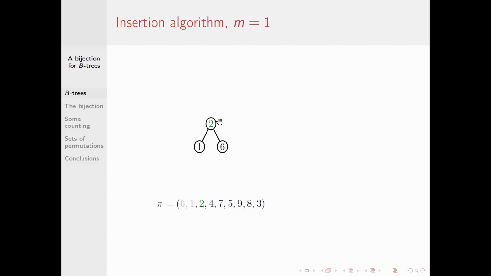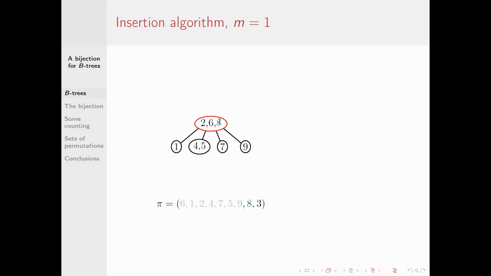And then we continue. So we always try to put the new keys into leaves first. So 4 goes here. 7 goes there. Same problem, we need to split. So we take the middle element and pull it up. It joins the 2, and we get this. 5 goes there, 9 goes there. 8, we need to split again.